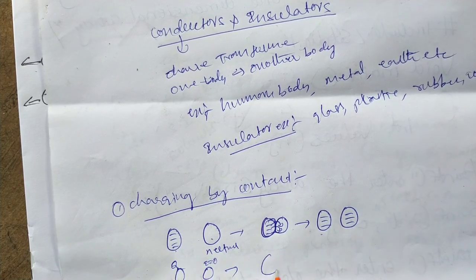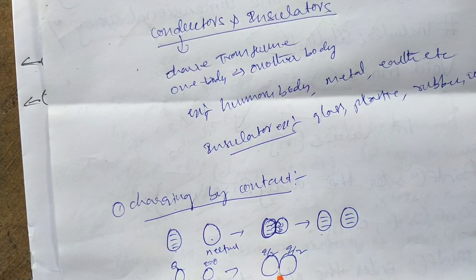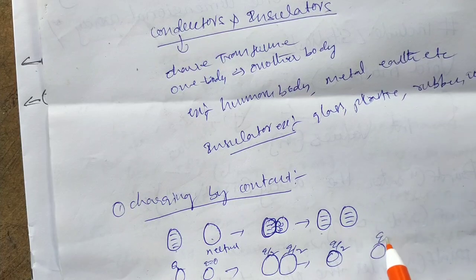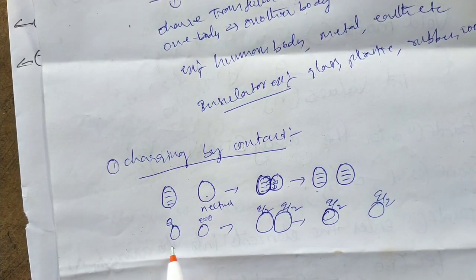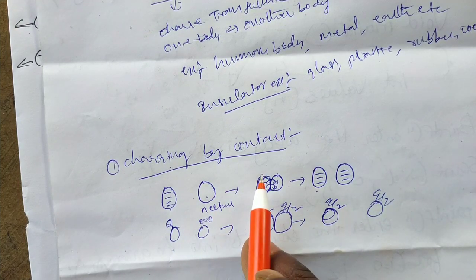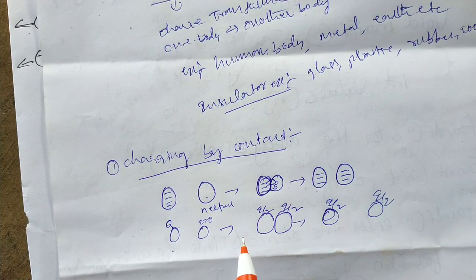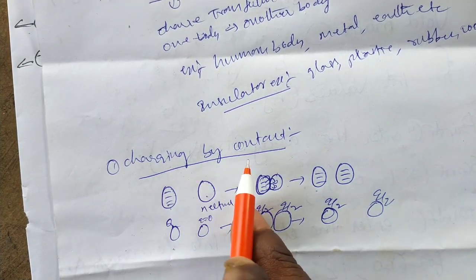On touching, the charge is divided into two parts, q by 2 and q by 2. This type of charging is called charging by contact.